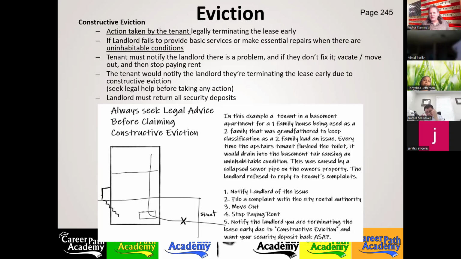So before you do anything, I would suggest going down and filing a complaint with the health department, and then move all your stuff out and then stop paying rent after you're moved out. And then notify the landlord you're terminating your lease due to constructive eviction. You got to use that terminology and tell him you want all your security deposit back. And then there's not a damn thing he could do about it.